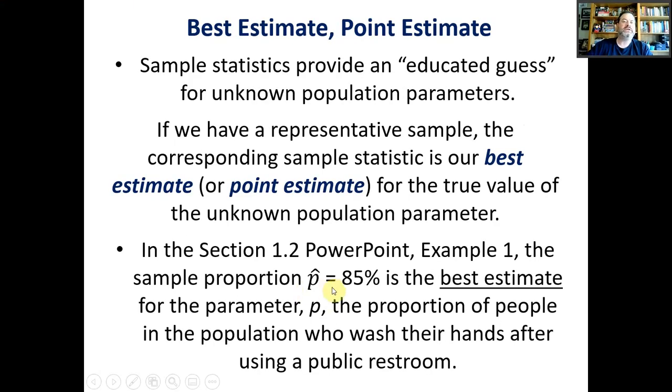When we talked about this sample of 6,336 people who were observed washing their hands, 85% of them washed their hands. If somebody else conducted the same study on a different sample, do we think exactly 85% of that other sample would wash their hands? Maybe, but probably not, right?